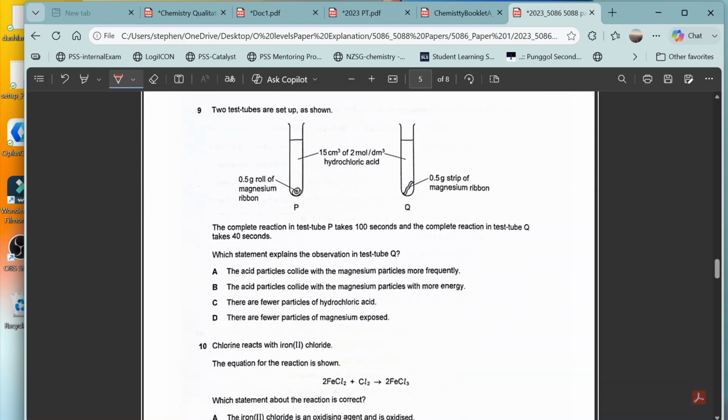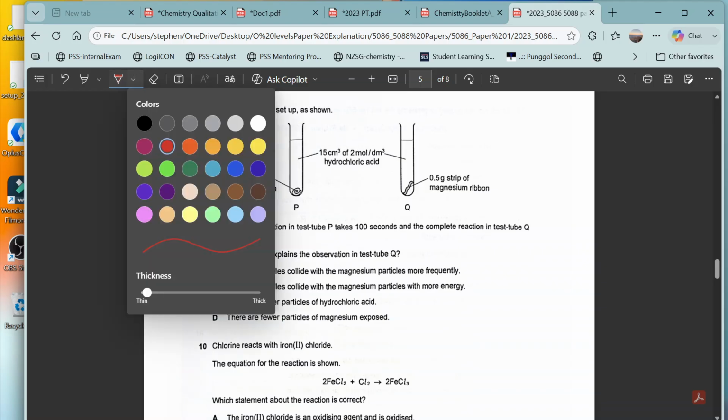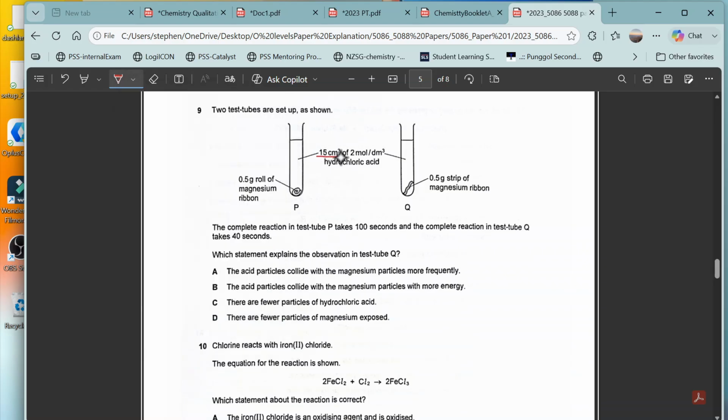Again, I saw this phrase, right? So whenever you see this, why don't you just take a good practice? So number of moles of acid, in this case HCl, will be equal to concentration, which is 2, times the volume. So just practice like that.